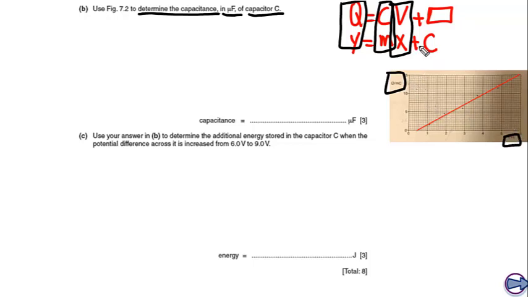So we simply need to find the gradient of this line, and the gradient will be equal to capacitance. I have already calculated this for you, so I will just show you my answer, and then we move to the next part. There is nothing more to explain.